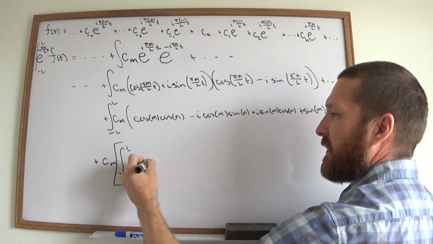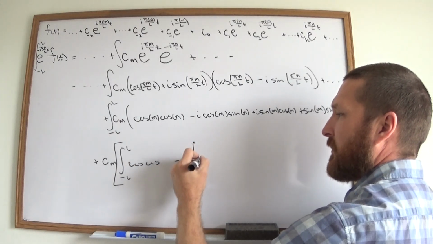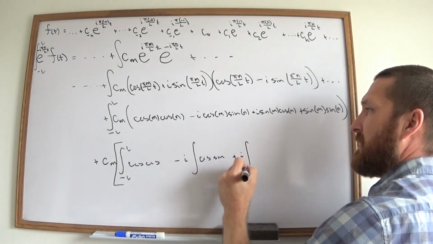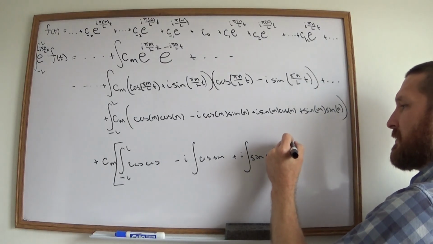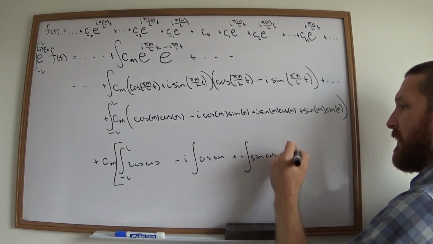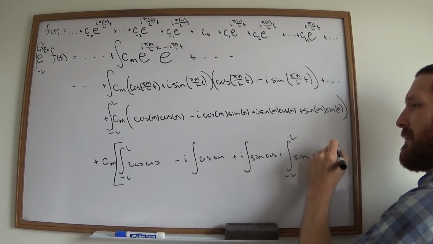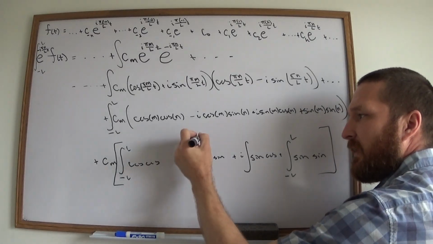We have cosine cosine, minus i times the integral of cosine sine, plus i times the integral of sine cosine, plus the integral from negative L to L of sine sine, like that.